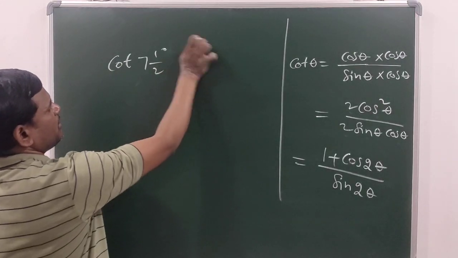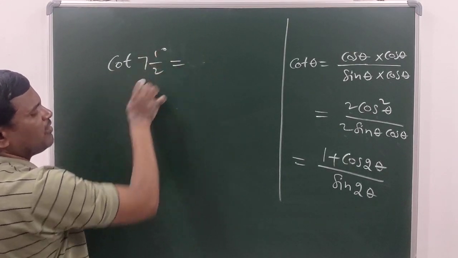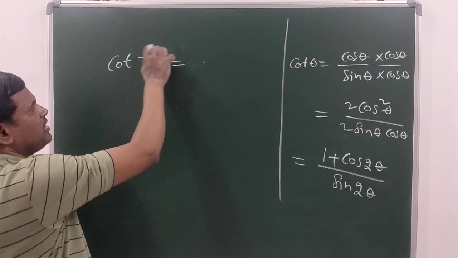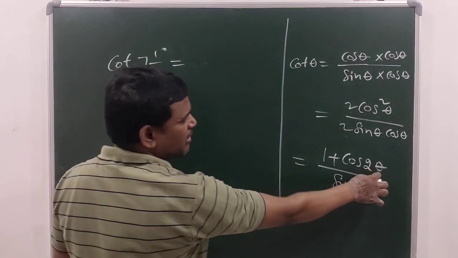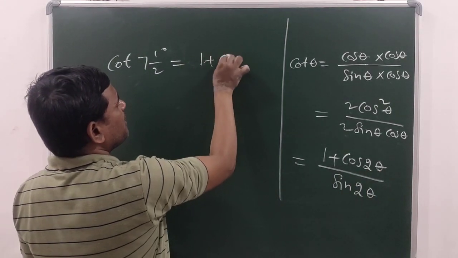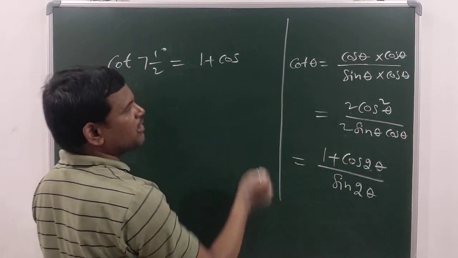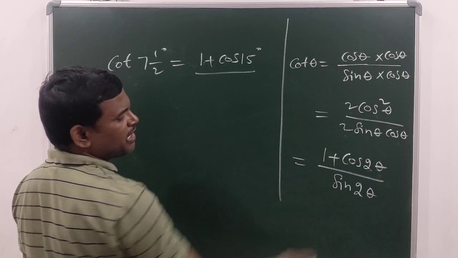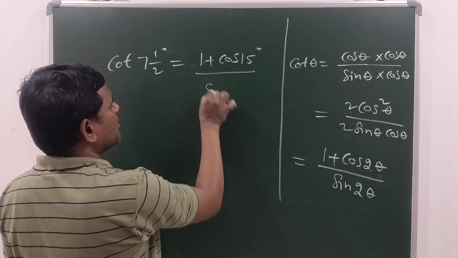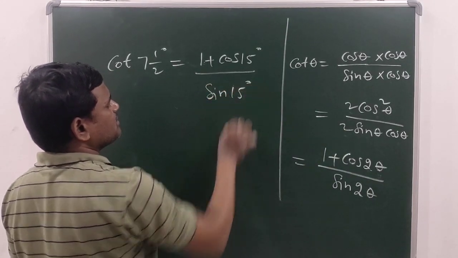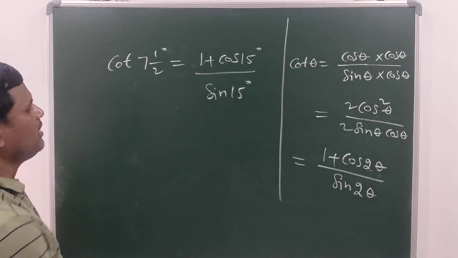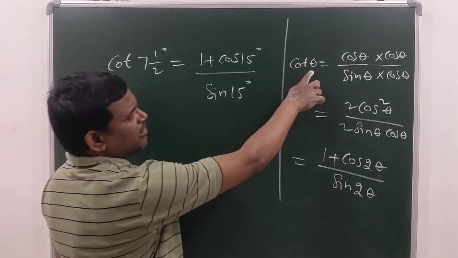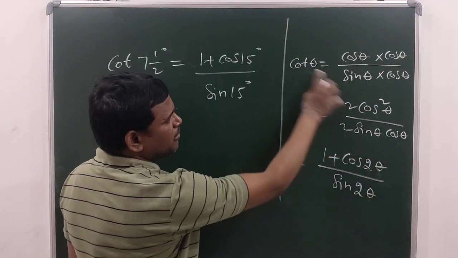Here you require cot 7.5 degrees, so this is theta. Now write this theta value over here. Now 1 plus cos 2 into 7.5, which is equal to 15 degrees, cos 15 degrees by sin 15 degrees. Here theta, when you come to the right side, is doubled: 2 theta.